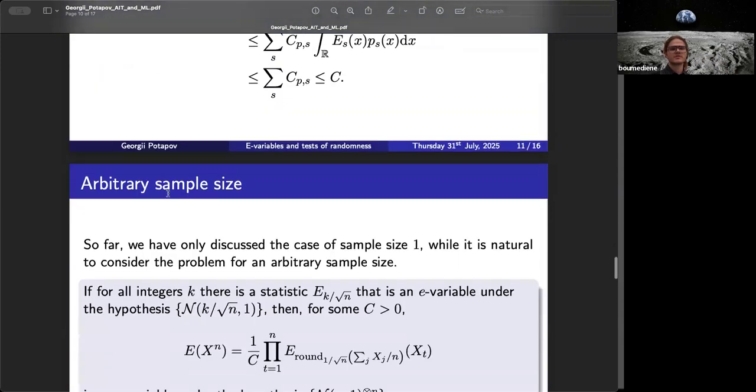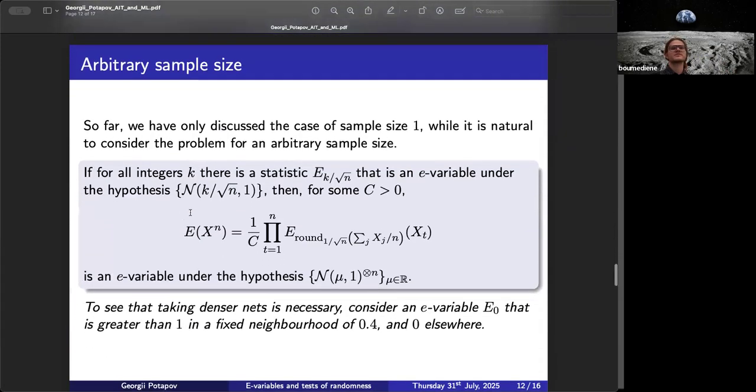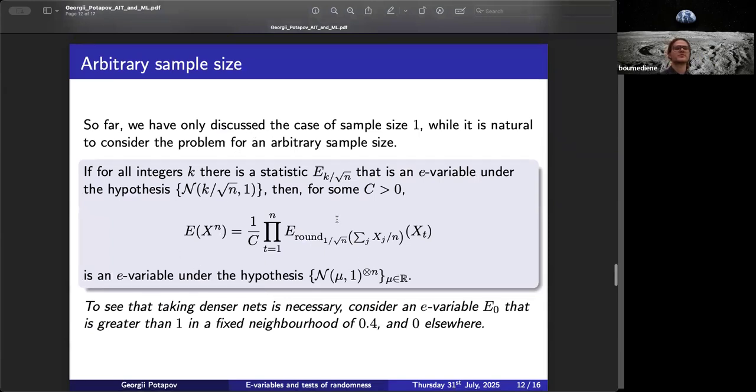And of course, it would be interesting to study this question for arbitrary sample size. And here there is less progress, but it's quite easy to show that you can prove something very similar for normal distribution with fixed variance.